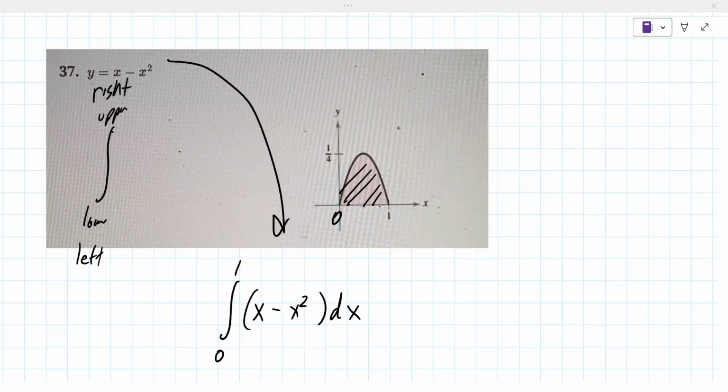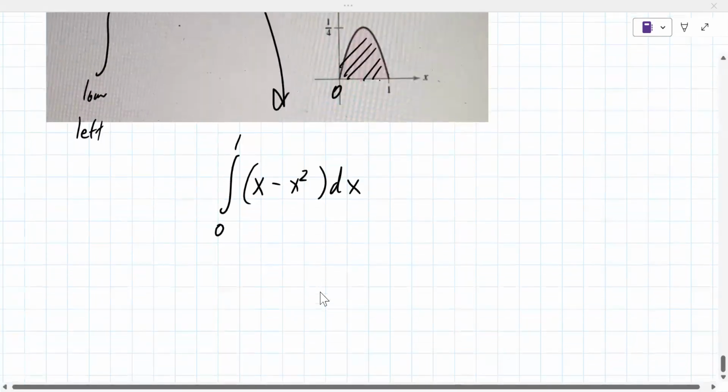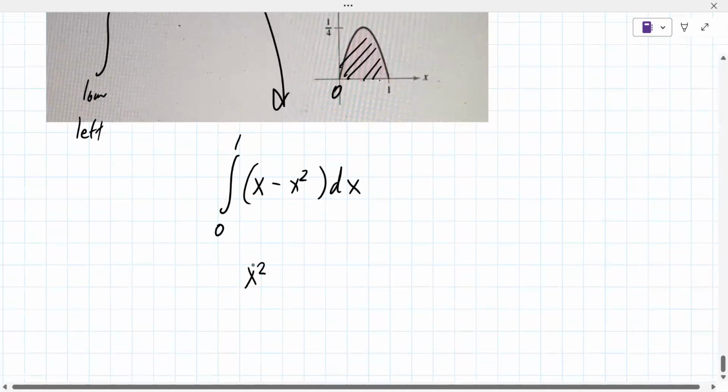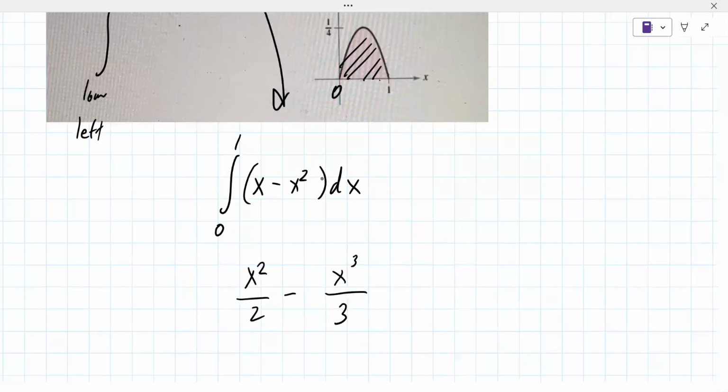Negative 1/2. Okay, what is your antiderivative? X squared over 2 minus x squared. You have to take an antiderivative of both. Oh, minus x cubed over 3, sorry. Okay, all right. So this is not 1/2, so try it one more time.